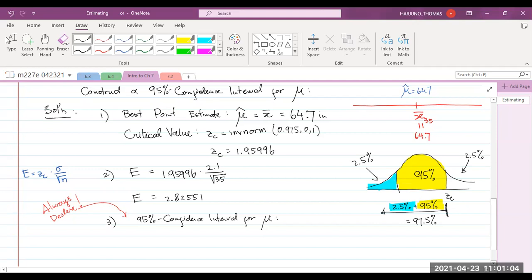The average height of all students will be the best point estimate. Let me write down the formula again. The best point estimate minus margin of error less than mu less than best point estimate plus margin of error.